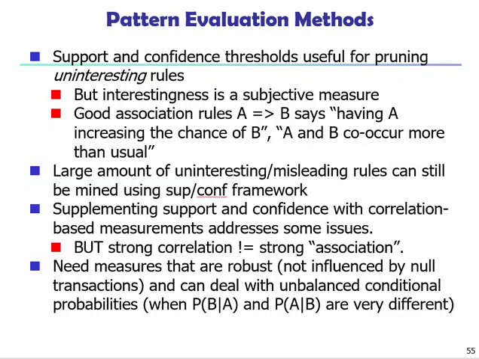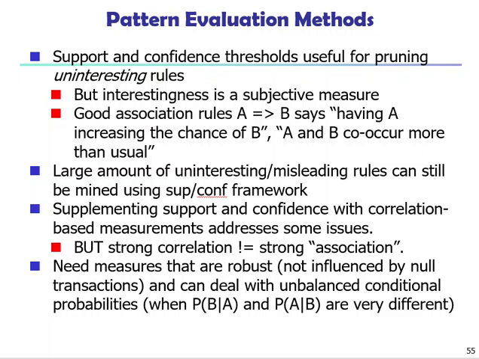Using support and confidence thresholds, as we're going to show in a few examples next, does not even achieve this good, more objective measure of A and B co-occurring more often than usual, or having A increase the chance of B. So with more studies, people have found that the support-confidence framework could actually find some rules that are misleading.